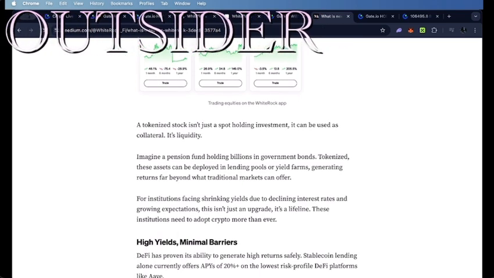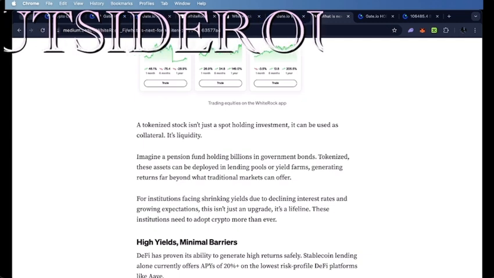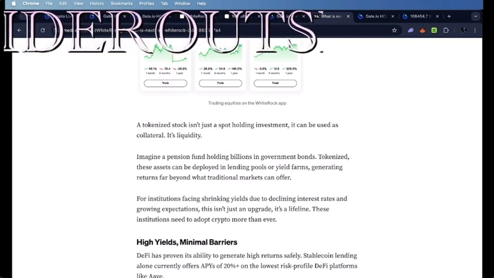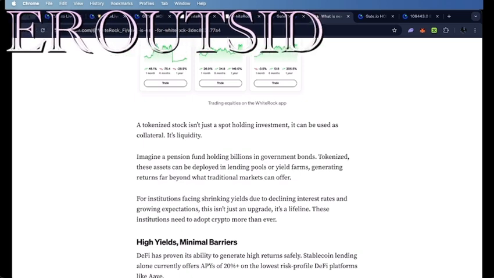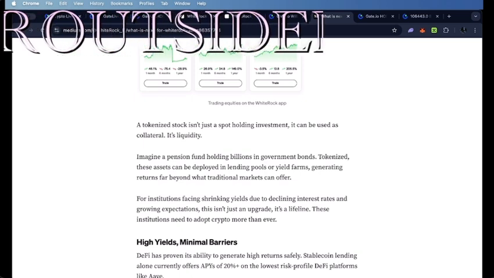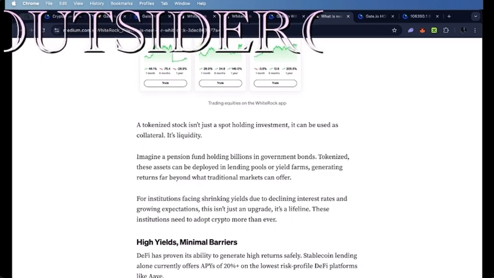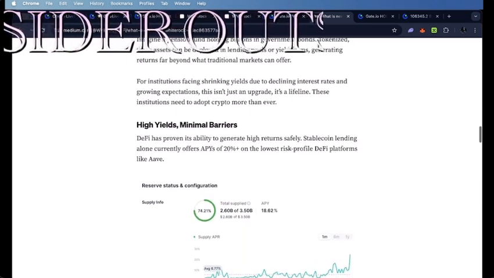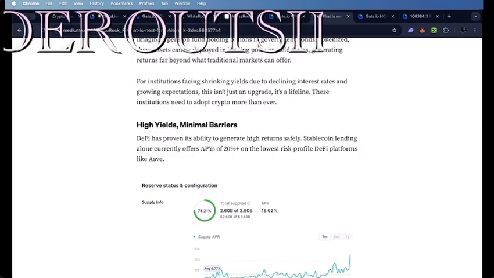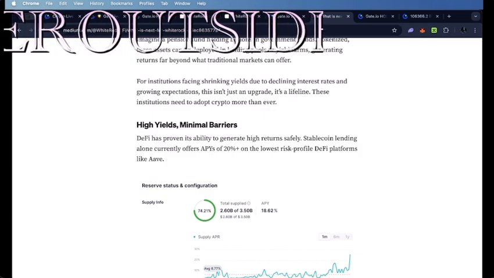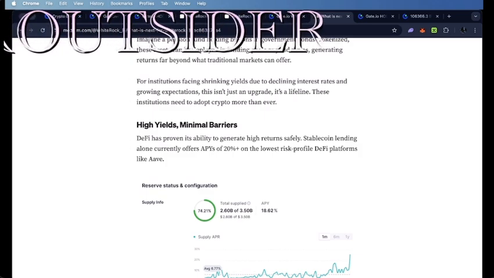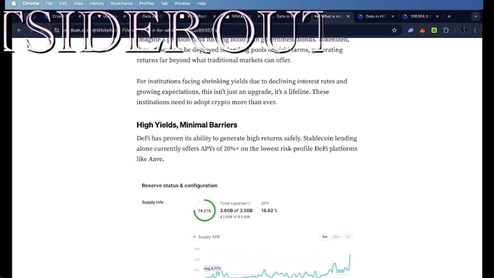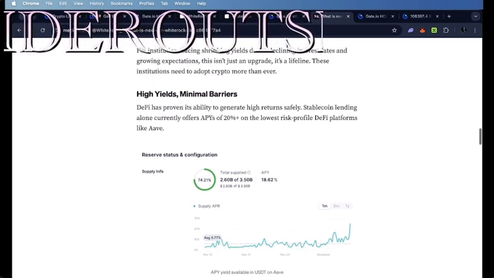Imagine a pension holding billions in government bonds. Tokenized assets can be deployed in lending pools or yield farms, generating returns far beyond what traditional markets can offer. For institutions facing shrinking yields due to declining interest rates and growing expectations, this isn't just an upgrade, it's a lifeline. So these institutions need to adopt crypto more than ever.